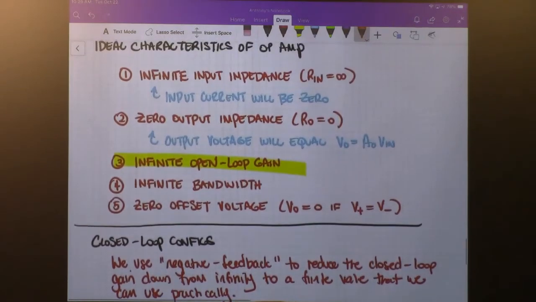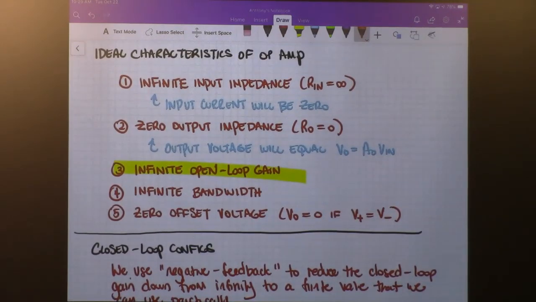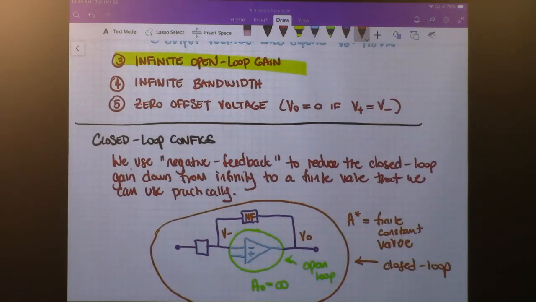Okay, so the example that we're looking at now, that we paused for a second, is looking at a closed loop configuration, specifically the inverting op-amp, which we need because the ideal characteristic of an op-amp in its open loop configuration has a gain of infinity. There's a lot of new terminology in there, so I recommend that you spend some time maybe reading over the first few pages of this chapter. It goes into more detail, closed loop, open loop. Again, just getting you more familiar with those terms.